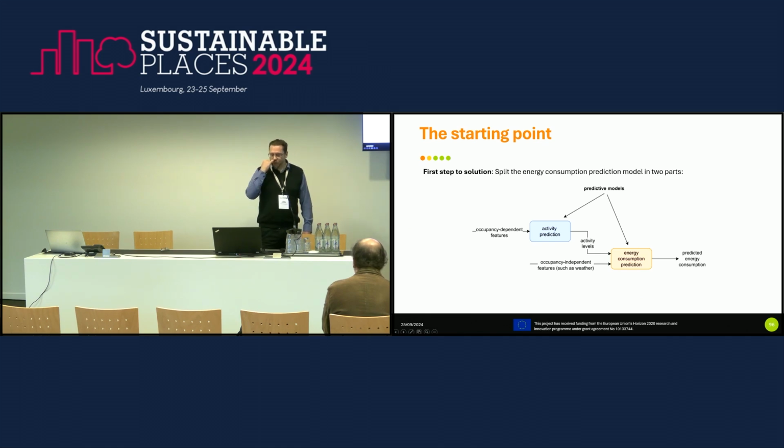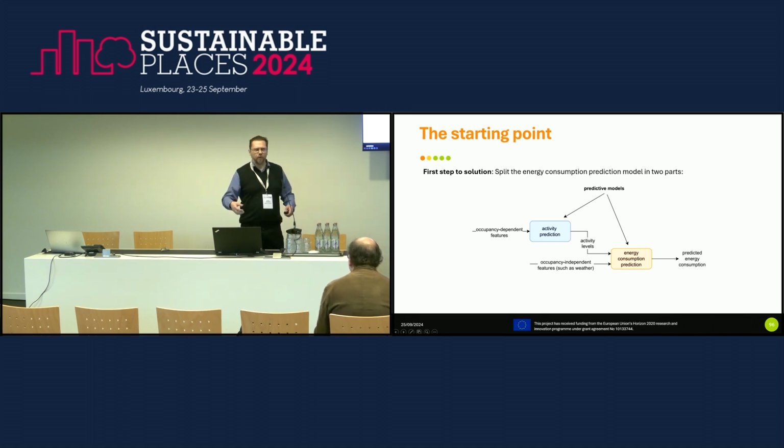This is useful because if someone would tell me that something happened in the building that has nothing to do with how the building behaves under different weather conditions, but it is related to activity levels. For instance, something happened and now you have more or fewer people in the building than usually.